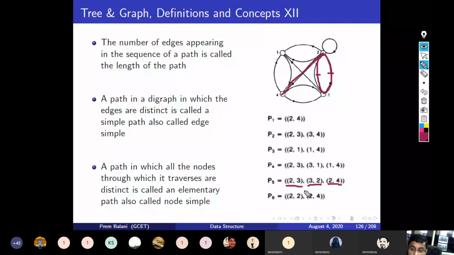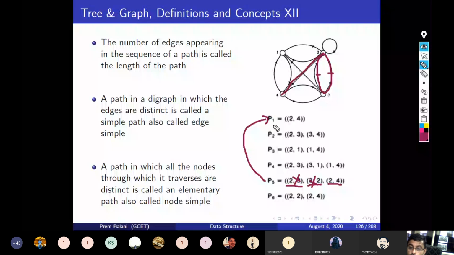If you remove this cycle 2 2 3 and 3 2 2, right, from the path, then you will get the same path as the path represented by P1. So it would become the elementary path. So you have to remove this cycle. Have you got this? Any questions? Okay, so let's go ahead.